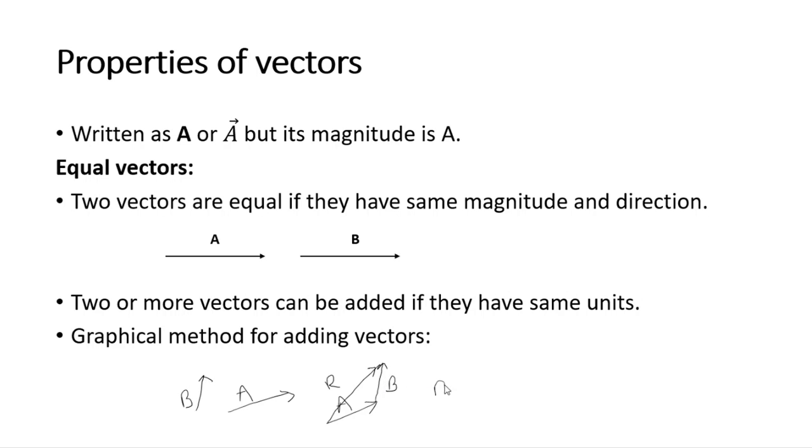So I can write R equals A plus B. The order doesn't matter. I can plot B first and then A, but I need to follow the head to tail rule so that the resultant will be in this direction.